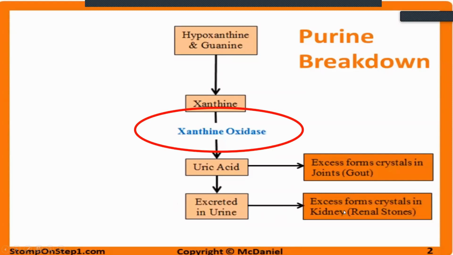And when it accumulates in the kidney itself, crystals of uric acid in the kidney, then those will form kidney stones. Okay. So problem with one enzyme is causing two different diseases, or two different symptoms. One of them is gout, which means all the uric acid which was in the body is getting accumulated in the joints.